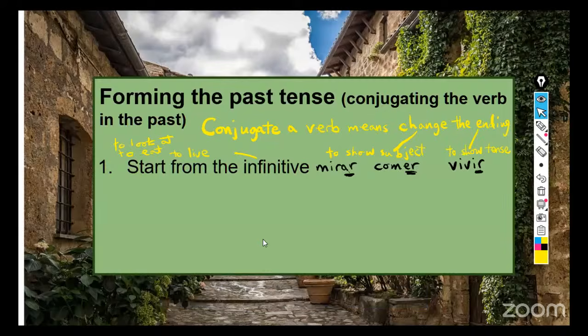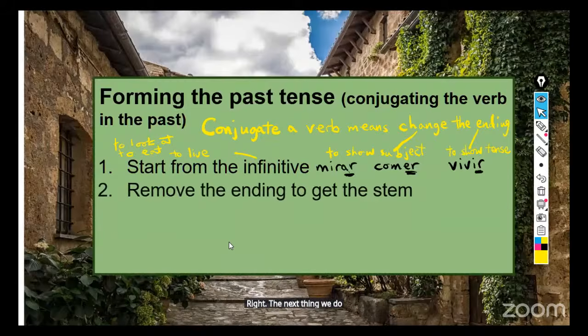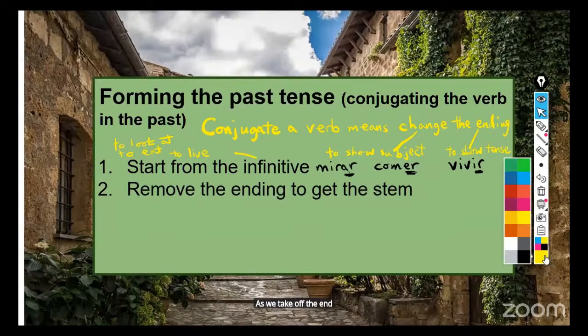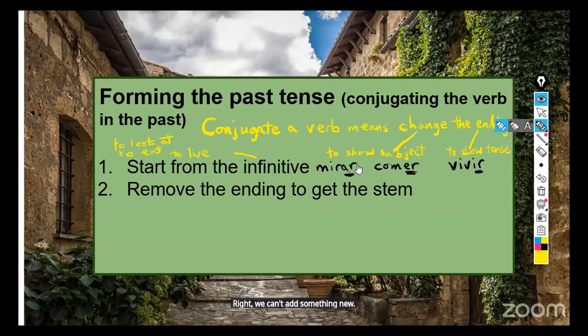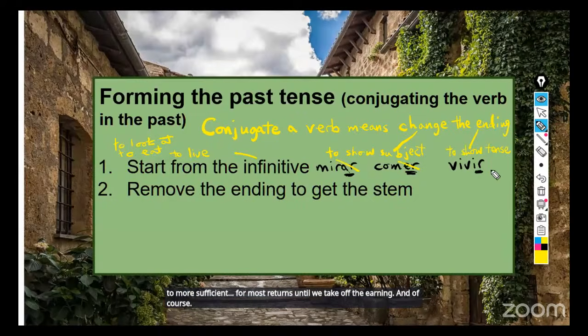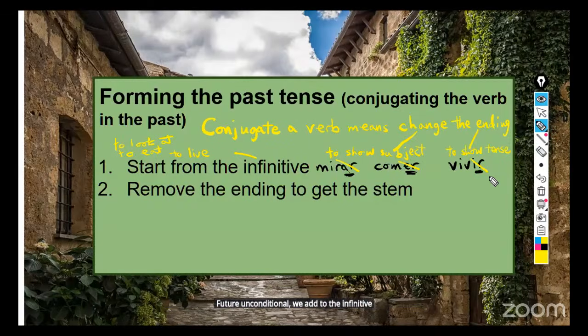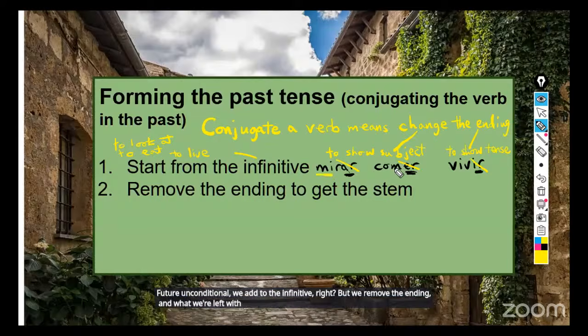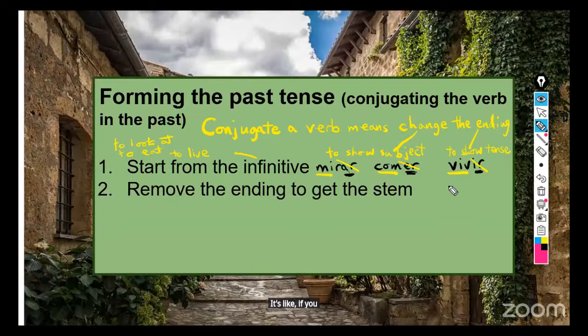The next thing we do is we take off the ending. We can't add something new to most of the tenses until we take off the ending. And of course, there are exceptions. Future and conditional, we add to the infinitive. But we remove the ending and what we're left with is a stem. It's like if you had a flower. Look at this pretty flower. Wait, let's give it a green stem.